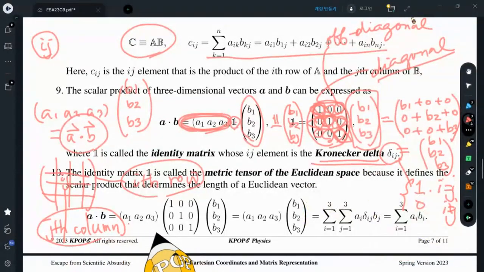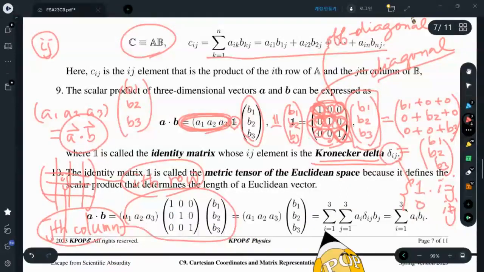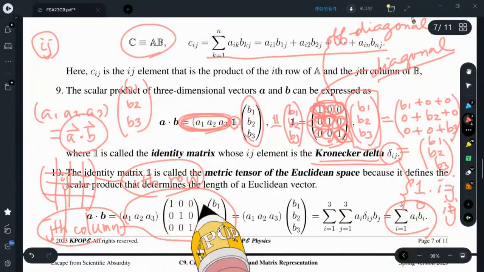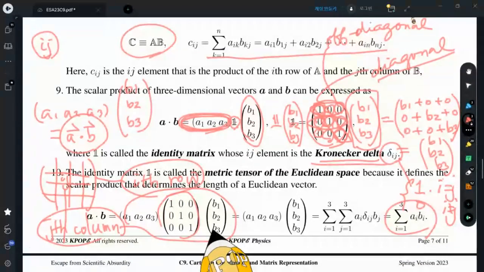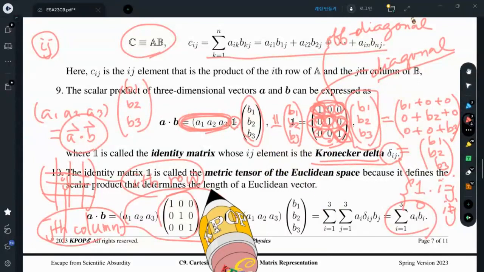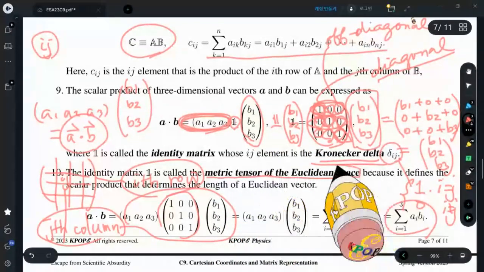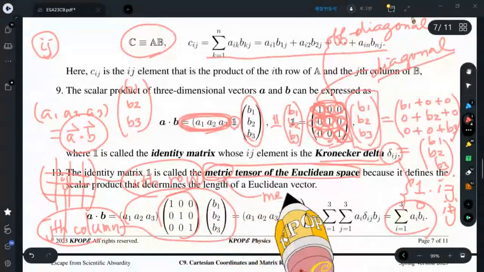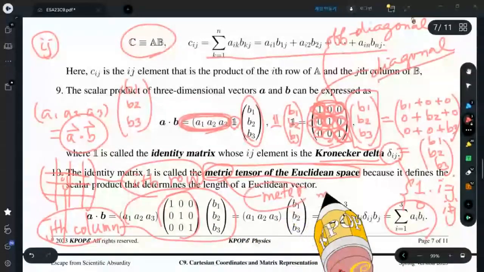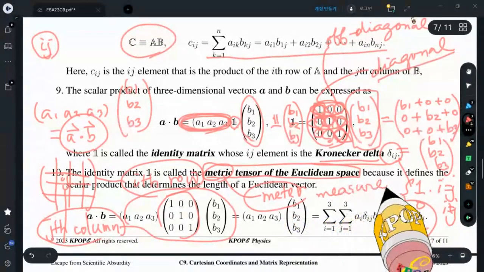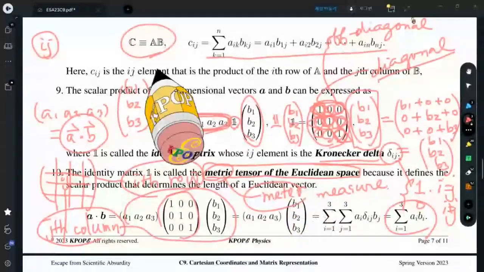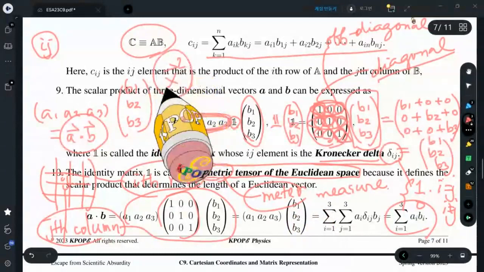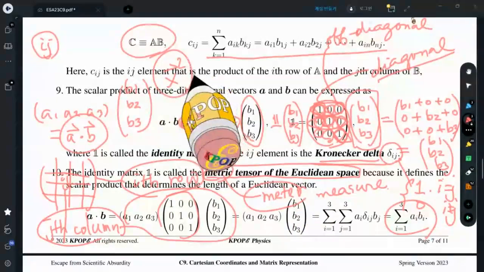This is what we just have computed. Okay, scalar product. We can insert an identity matrix. This identity matrix is called the metric tensor of the Euclidean space. It is based on the measurement of the length. Any vector squared is related to the Pythagorean theorem.